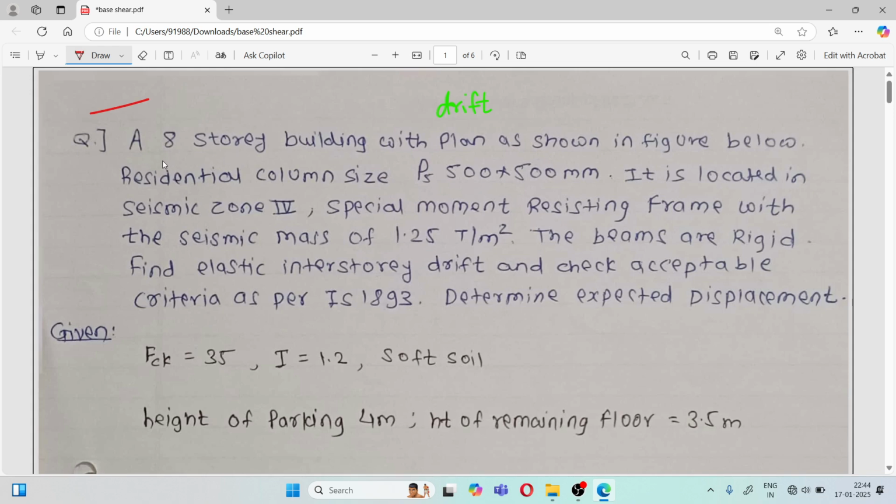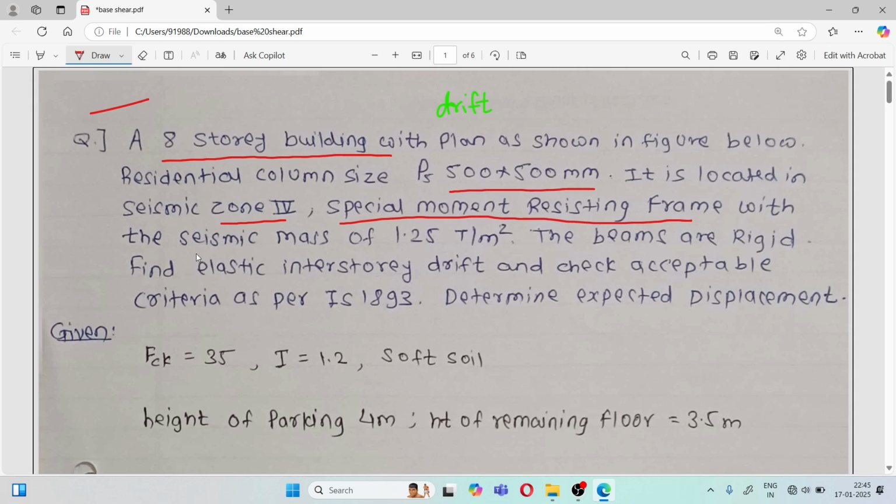So here we have an 8-story building with a plan. I am going to show this plan. This is a residential building with column size 500 by 500, located in seismic zone 4. It is a SMRF, that is special moment resisting frame, that means ductile detailing is done.